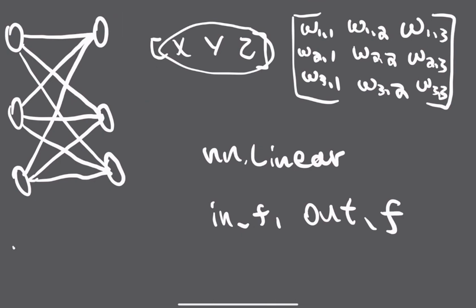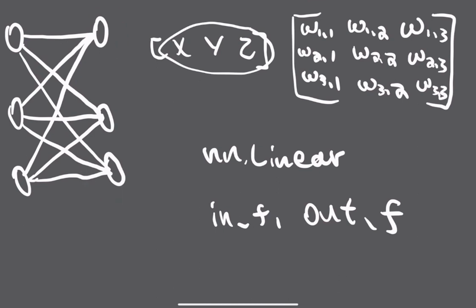So we can see in the previous layer, we had 3 nodes here, 3 features. That's what we would specify there. The number of output features is just the number of individual instances of linear regression. It's how many nodes or neurons you have in the layer that this class or object that we're making is for. And here we can see we also have 3 neurons there, so out features would be 3.